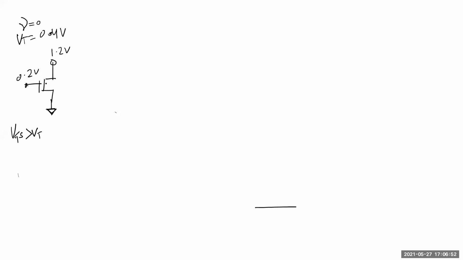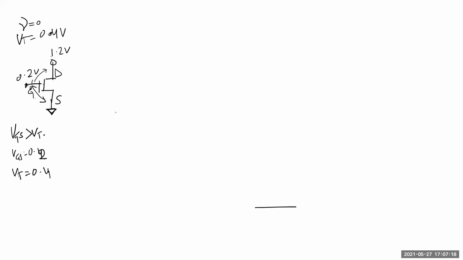Now, I think some of you are confused about which is VGS. I think some of you are thinking this is VGS. This is NMOS, right? This is higher voltage than this. That means this is drain, this is source, this is gate. This is VGS, and VGS is equal to 0.2, and VT is equal to 0.4. So clearly there is no channel.